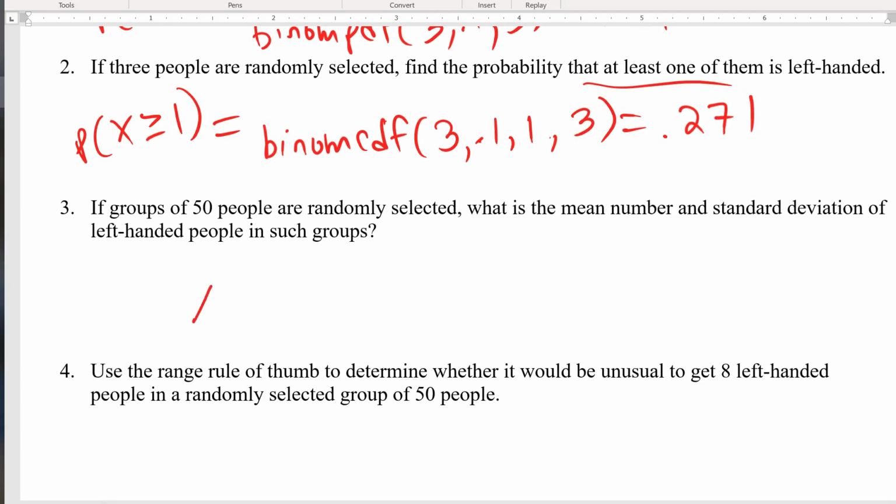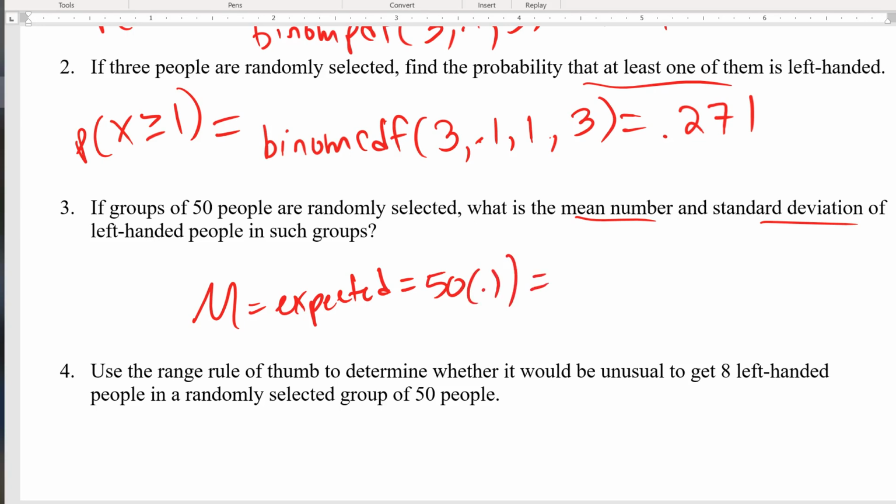Okay? Then on average, and here's the key word, what was the mean number, standard deviation? Oh, I didn't use it, but the idea is the mean is the expected. We would expect n, 50, times p. We would expect 5 left-handed people. Does that mean that's always going to happen?